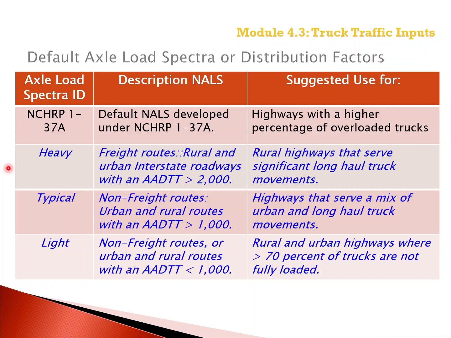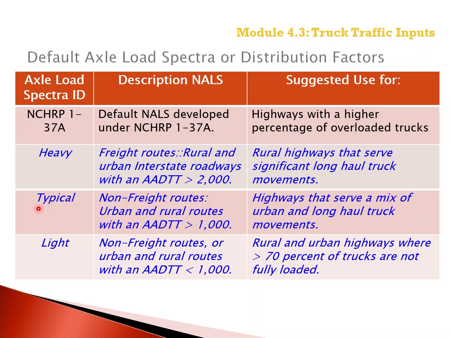So there is a very comfortable feeling that the axle weights measured are accurate. So the first is defined as heavy. These are typically freight routes, can be rural and or urban interstate routes with an AADTT exceeding 2,000 trucks per day. These are suggested, the heavy freight routes are suggested for use on rural roadways that serve significant long-haul truck movements.